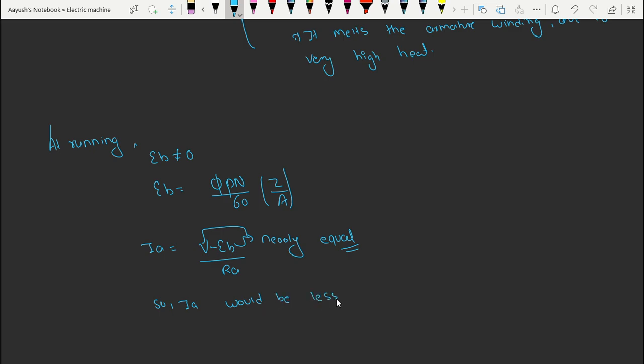That small IA will not melt the armature. So in this way, back EMF helps not to melt the armature due to very high current and very high heat. So in this way, back EMF is useful.